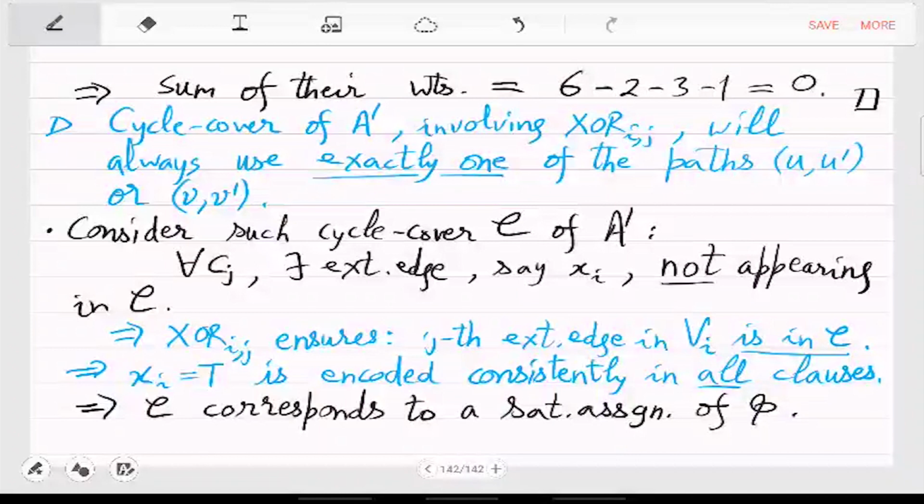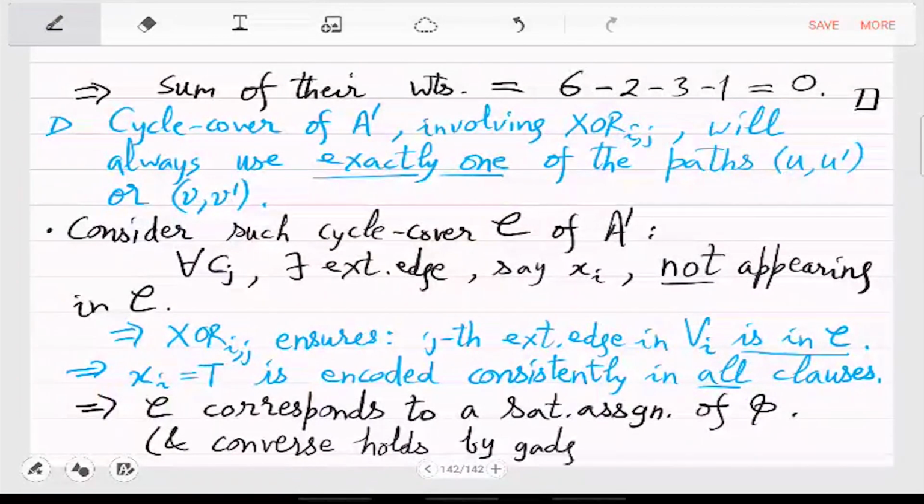And the converse also follows; it holds by the gadget definition. Okay, so we have set up a one-to-one correspondence between the cycle covers of A prime and satisfying assignments of phi. But still we are not done, because we have not computed the permanent yet of A prime, right?